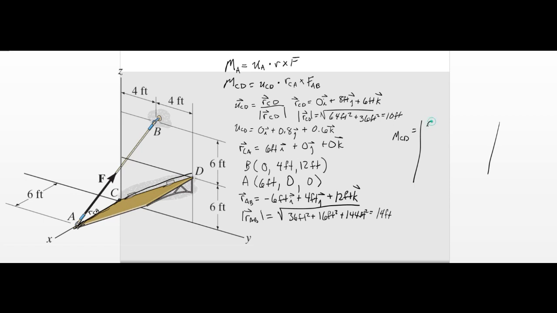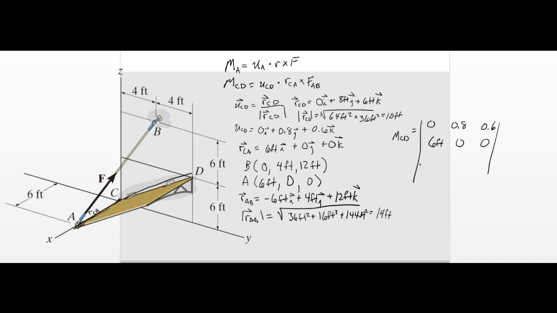So that's 0, 0.8, and 0.6. Now the next line we have the direction vector RCA. So that's here 6, 0, 0, and yes, this is feet because it's a direction vector.